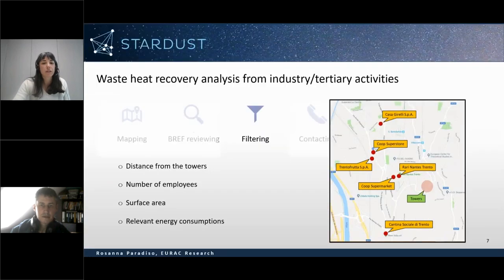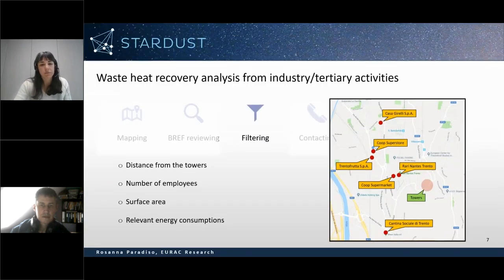After that, we made a filtering within the initial list of companies. We detected initially 40 companies, but then we concentrated on 10 companies because of the distance from the towers, the number of employees, and the surface areas.